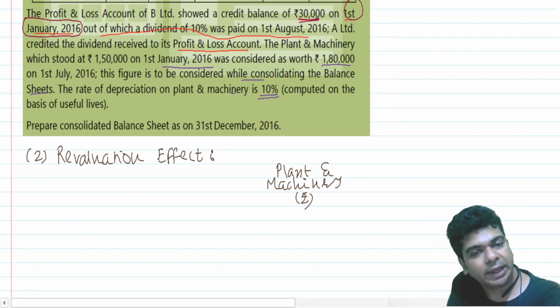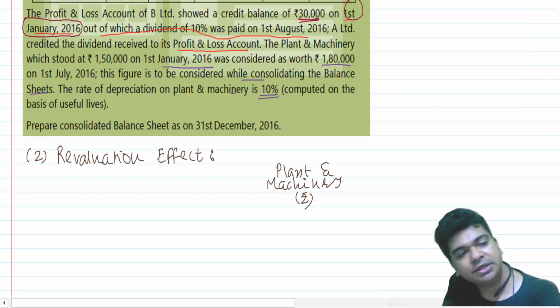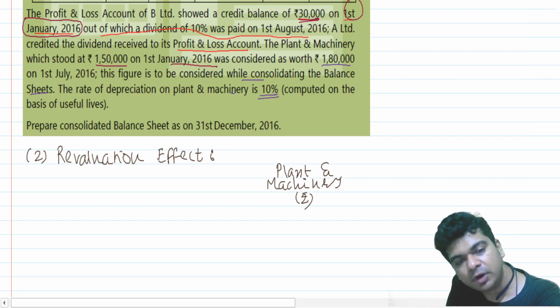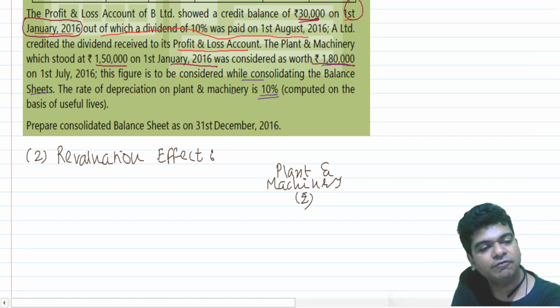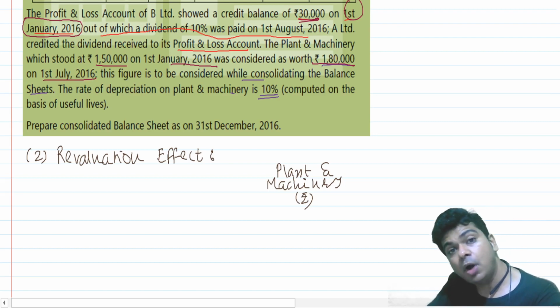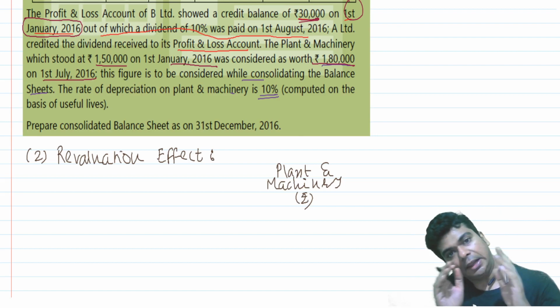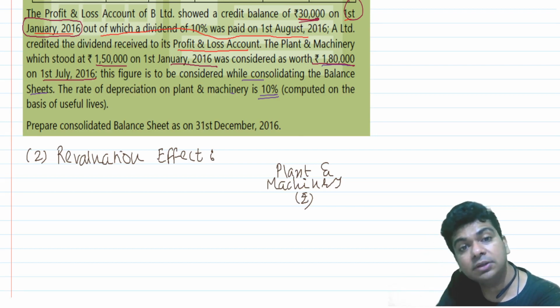Let's read the information. They are saying the plant and machinery which stood at 1,50,000 on 1st January 2016 is considered as worth 1,80,000 on 1st July. You are doing revaluation on 1st July. Remember this. The book value and the revaluation date both should be on the same day.